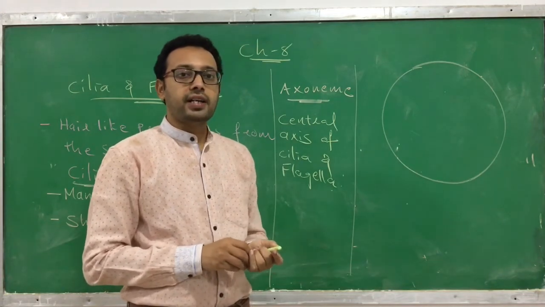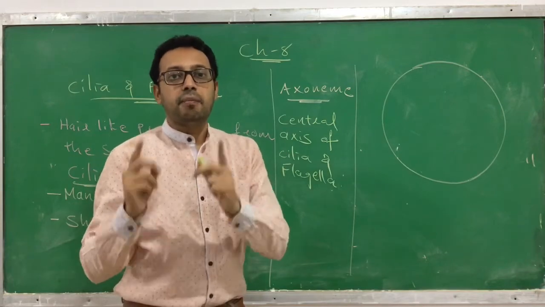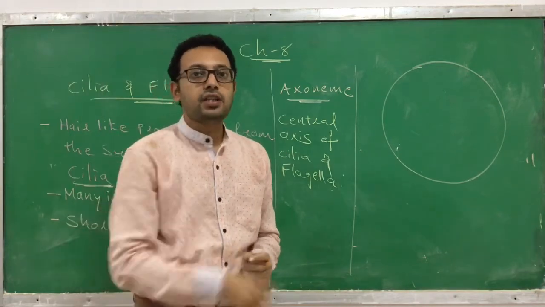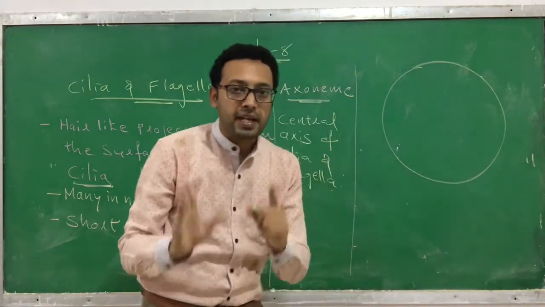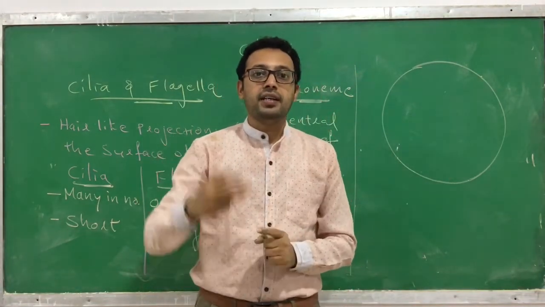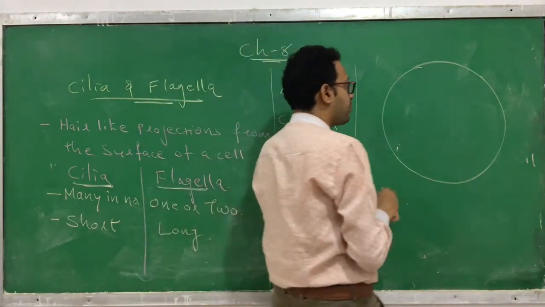You are going to find a pair, or doublet, of microfilaments. They are present on the periphery. This is the periphery and this is the center. In the periphery, you can find 9 pairs of doublets. This is a doublet, I am drawing a doublet.